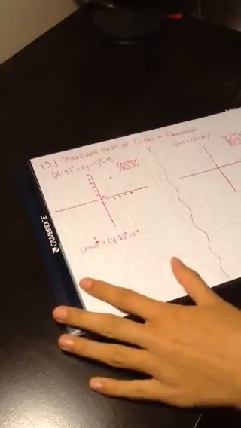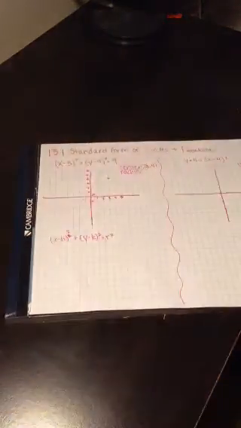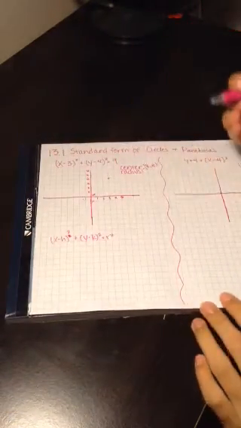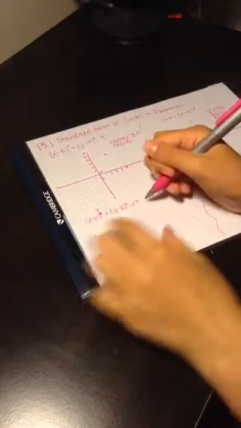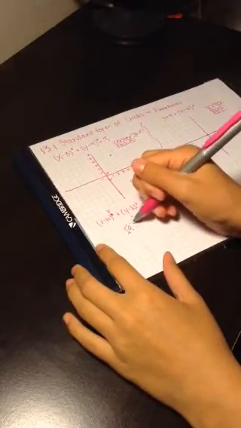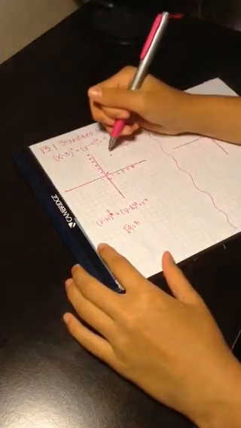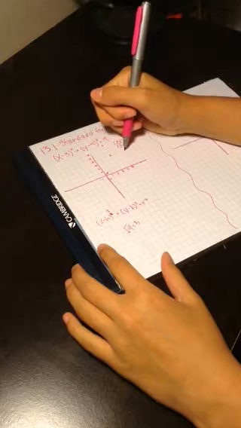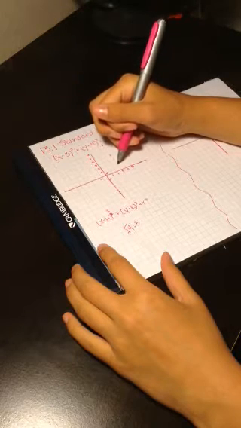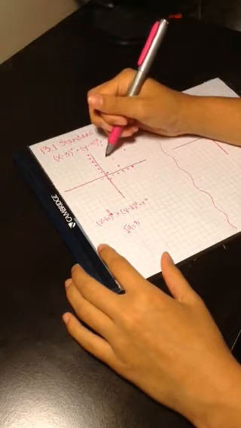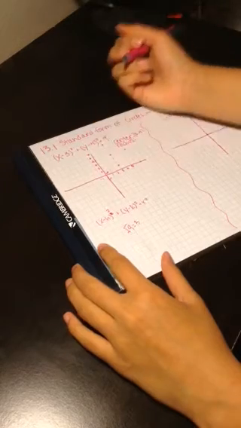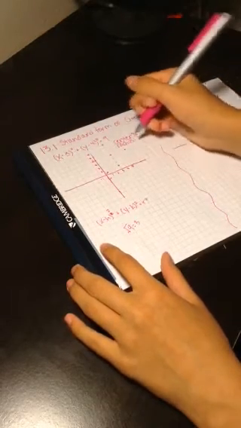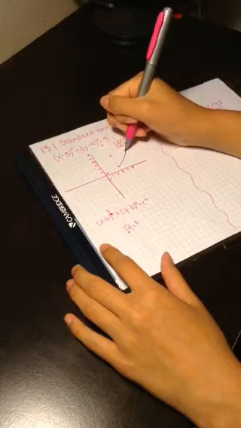Our center is positive 3, positive 4, so that's where our circle goes around. Here our radius is r squared, so the square root of 9 equals 3. So we go 1, 2, 3 up, 1, 2, 3 left, 1, 2, 3 down, and 1, 2, 3 over. Our radius is 3 all around.